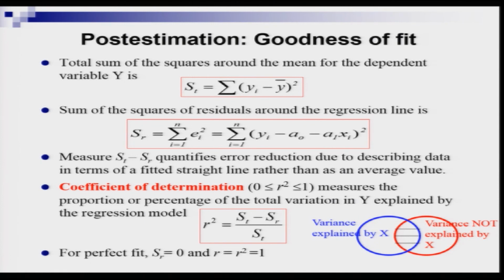What you want is this blue circle encroaching on the area of the red circle as much as possible, so that there is overlap, as I am showing you here with shaded marking. As this shaded area expands, you can say that the fit of your model is becoming better and better, because the variation in error is getting lesser and lesser as it is explained more and more by the variation in x itself.